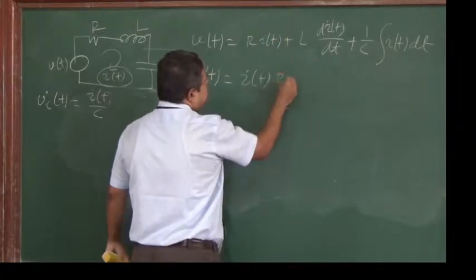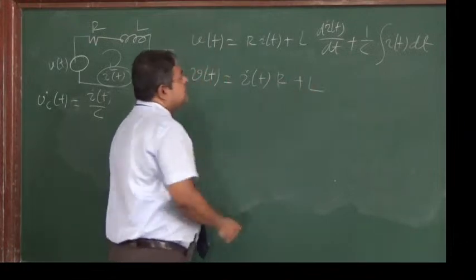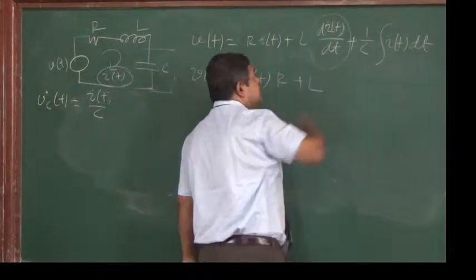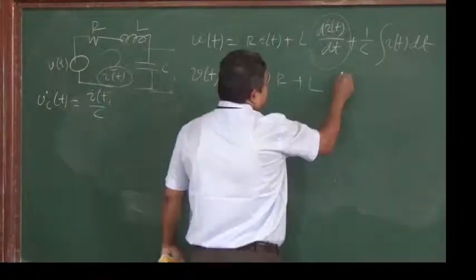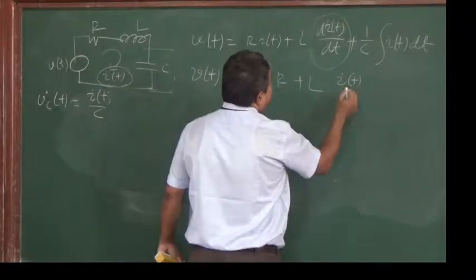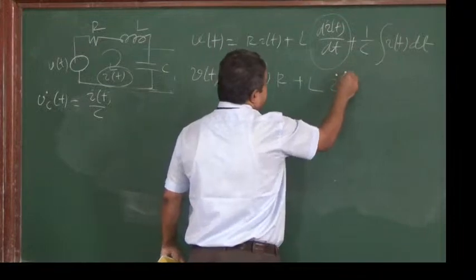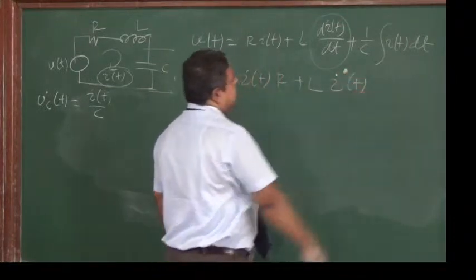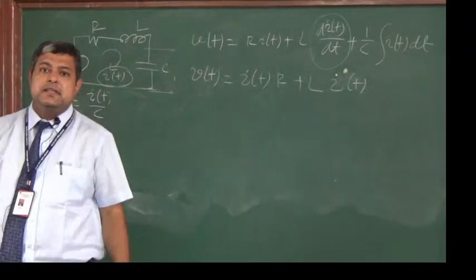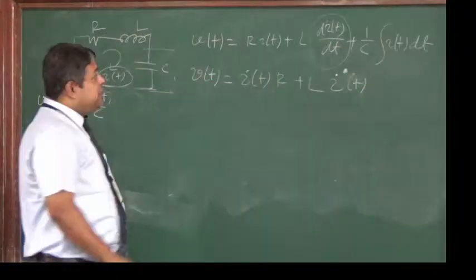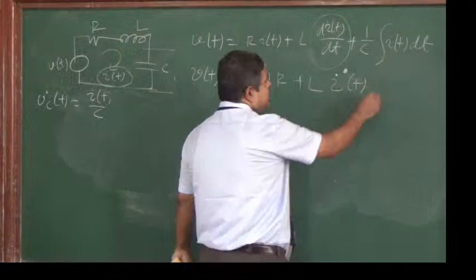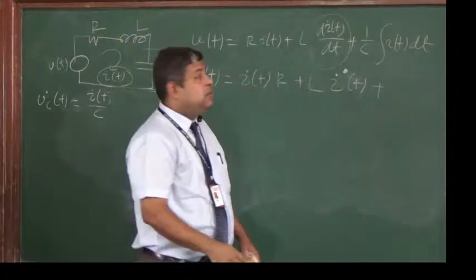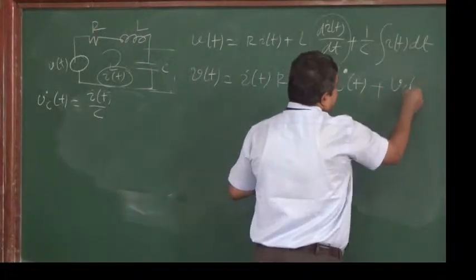This R into this plus L times di(t)/dt, which I can say is i dot (t), plus 1/C integration of i(t) dt. What is that? This is nothing but vc(t).